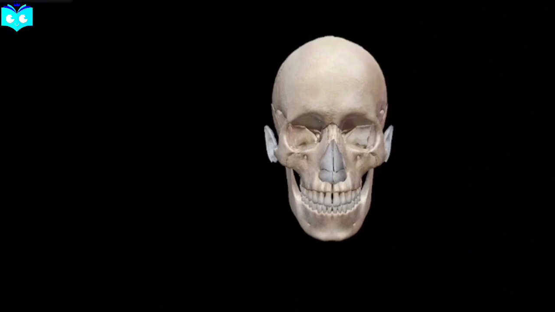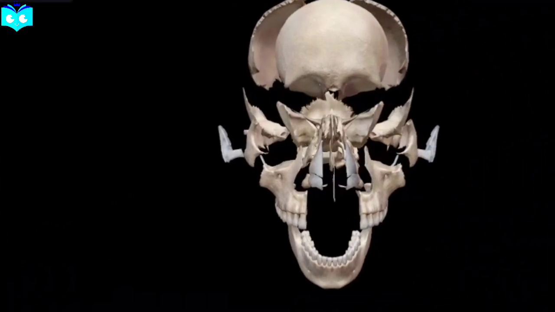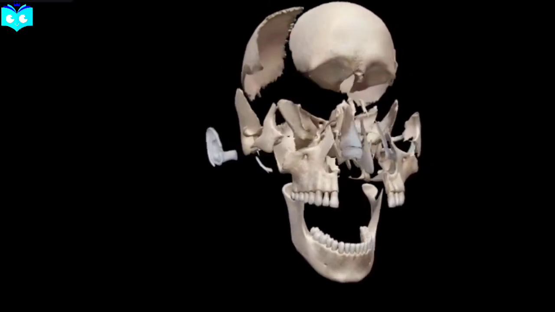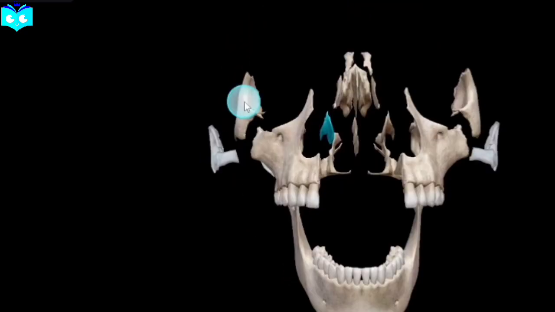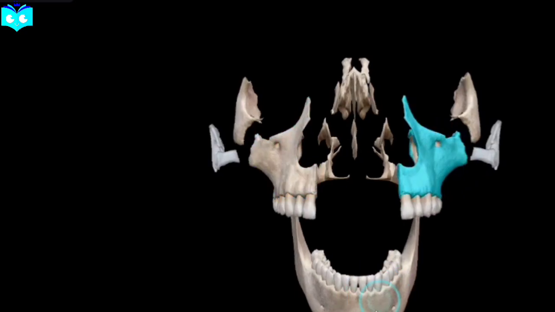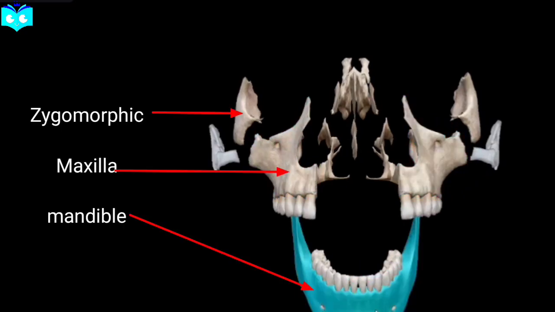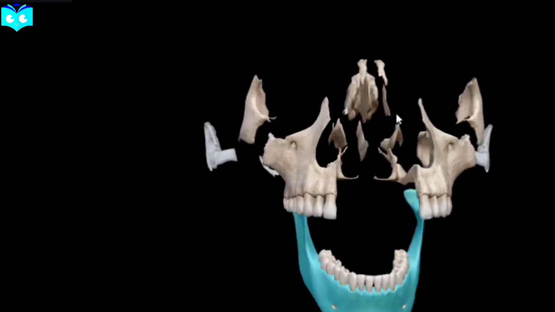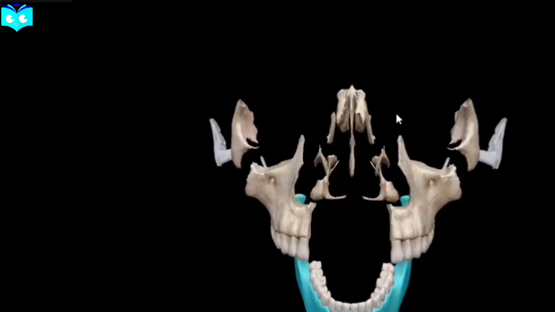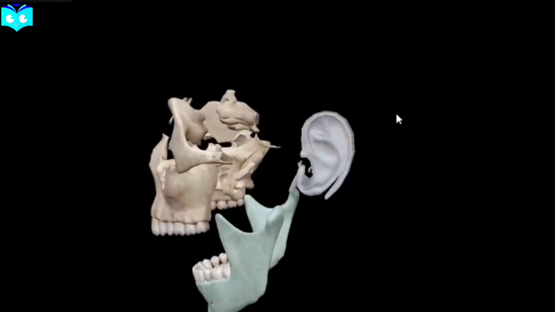Now we are going to learn about the facial bones, which are 14 in number. This is the zygomatic bone. It is paired; both of these are the zygomatic bones. This one is the maxilla, this one is the mandible, and if we move to the back, we can see other bones in the middle of the nose.